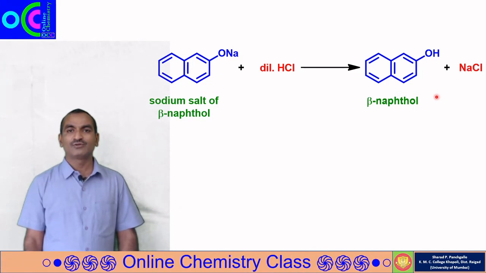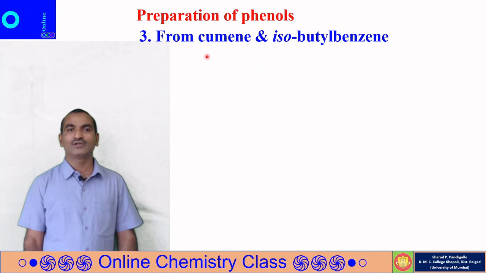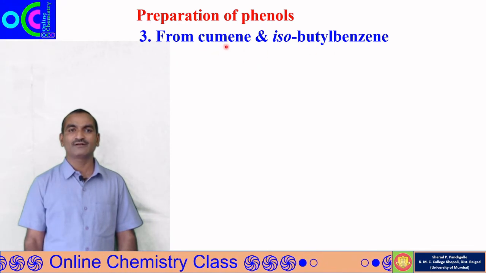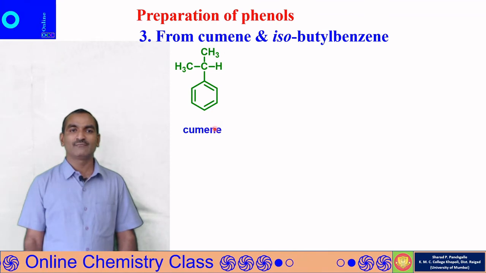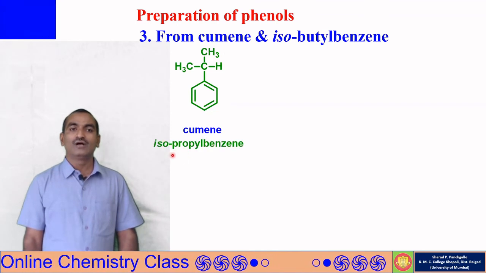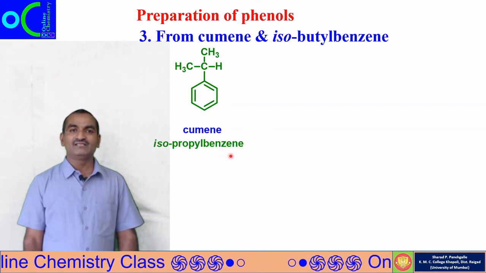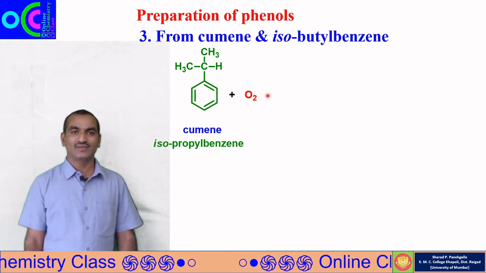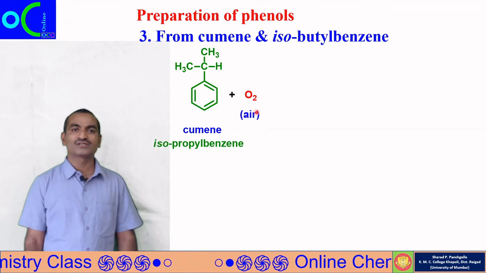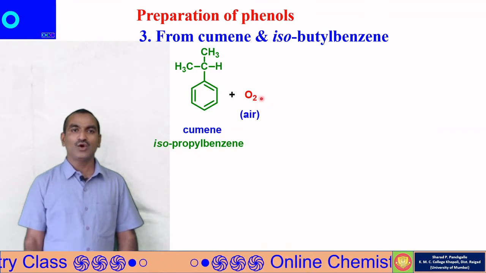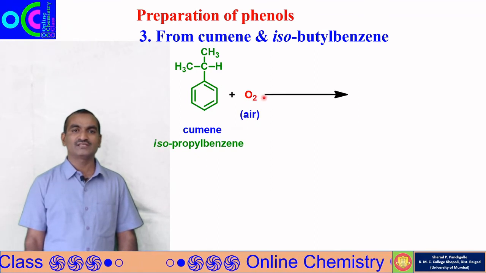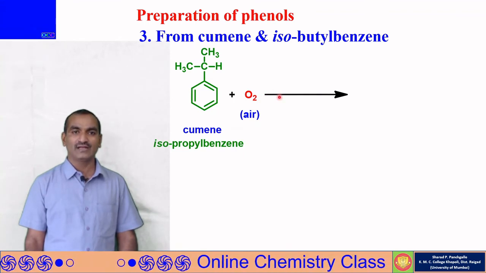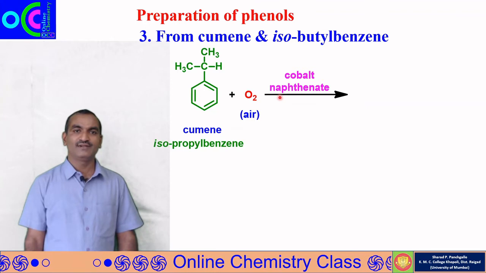Now we'll discuss the third method, that involves cumene or isobutyl benzene as the starting material. So cumene is nothing but isopropyl benzene. So cumene, when treated with air that contains oxygen, there will be oxidation. So oxidation is happening in the presence of cobalt naphthenate as the catalyst at 150 degrees Celsius.